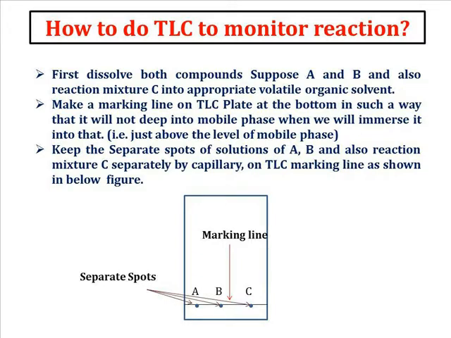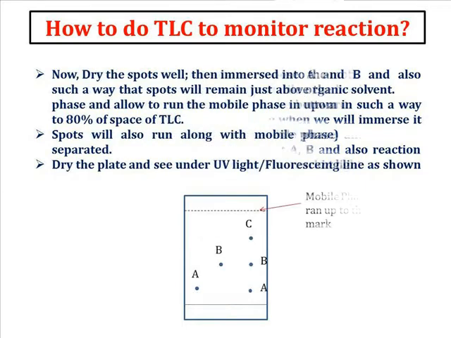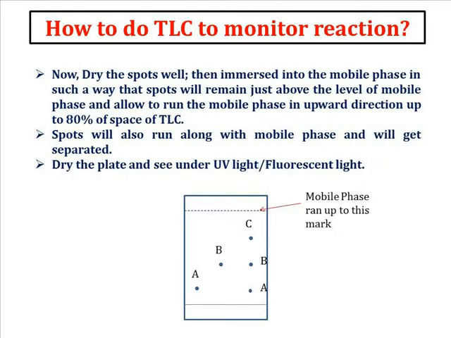We have to immerse it in such a way that the marked line remains above the level of the mobile phase. The spots should not dip into the solvent. Then allow it to run. The mobile phase will start going upward, and along with that, our compounds will also move upward.